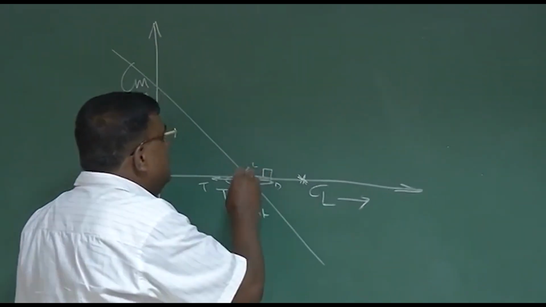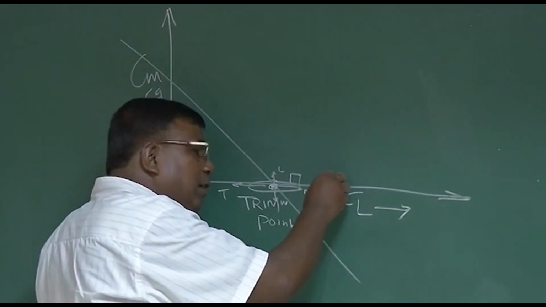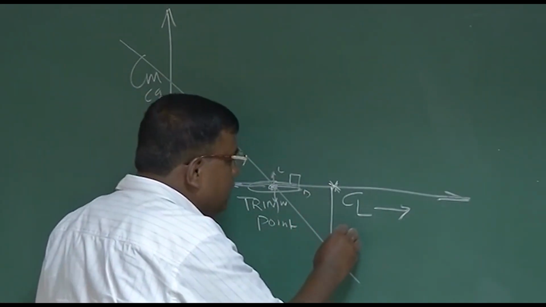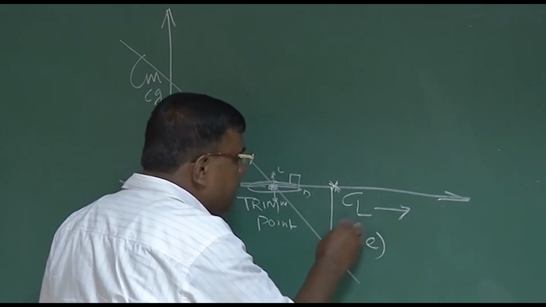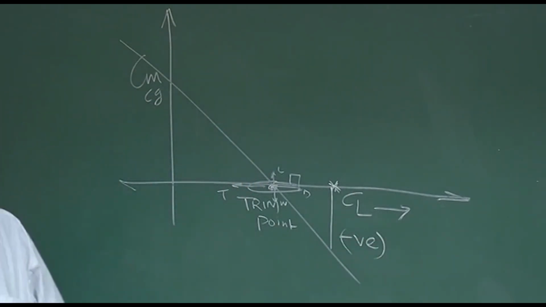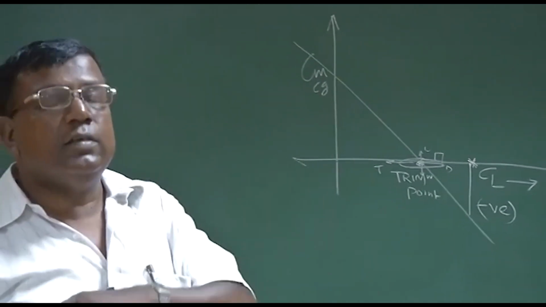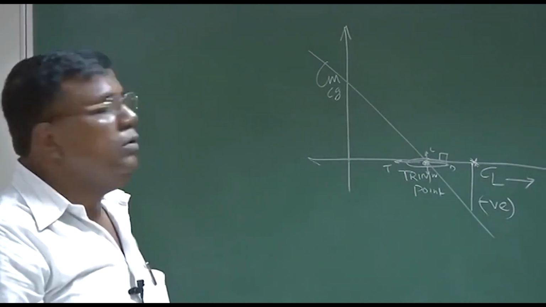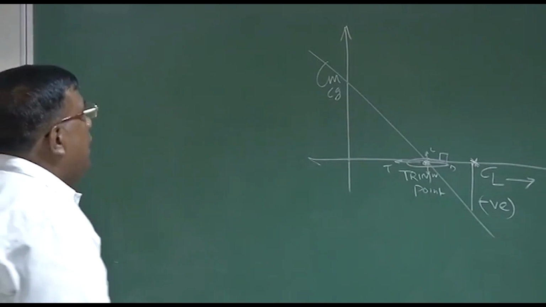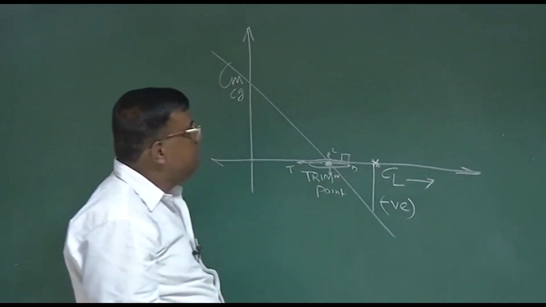The moment you try to come to this point, what happens? This aircraft will generate a negative pitching moment because it is statically stable. You cannot help it; it will always have an initial tendency to oppose. But you want to fly here.